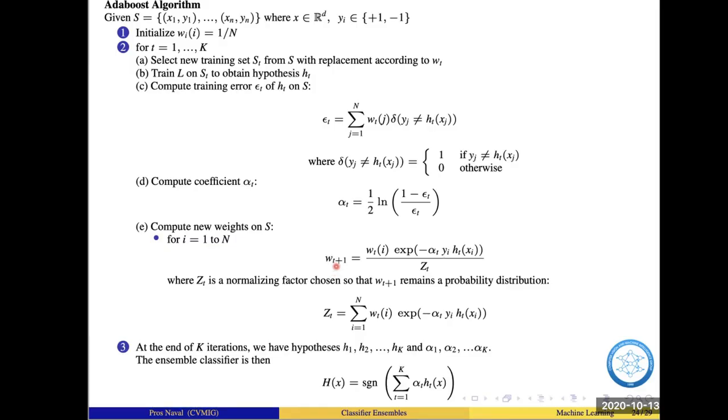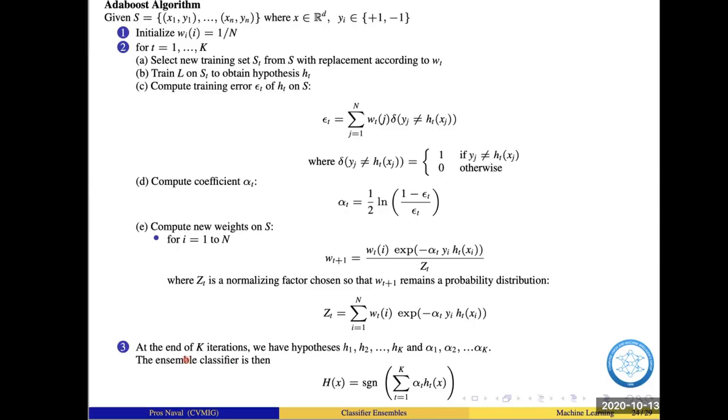So the next value of the element of the weight distribution is equal to the present value times exponential of minus alpha t, which is this quantity here, times yi, which is either 1 or -1, times the output of your classifier, divided by the normalizing factor chosen so that this remains a probability distribution. So it's this quantity here, the normalizer.